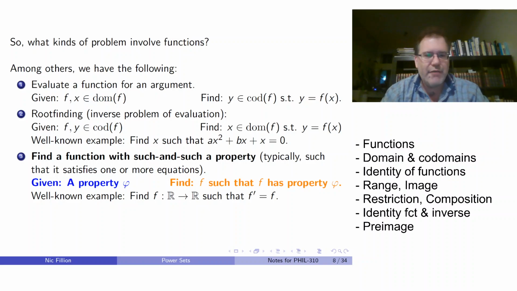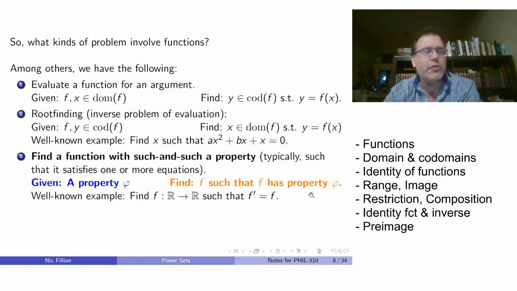So what you're given is a property phi, and what you're asked to find is a function that has the property phi in question. Well-known example, if you've taken calculus, is you're going to be asked to find a function with real numbers as its domain and real numbers as its codomain, such that the derivative of the function equals the function.